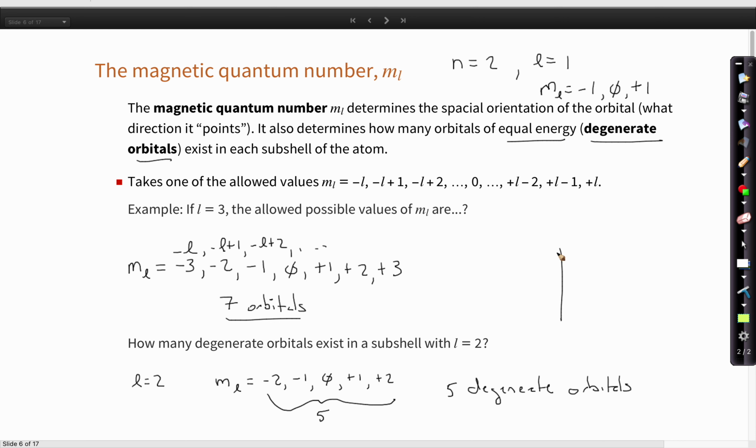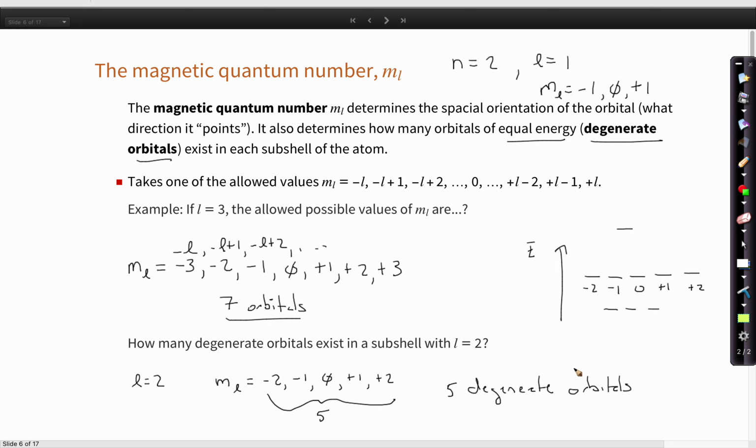So if we draw a diagram where we're looking at energy on the y-axis, we would put all of these orbitals on the same energy level. We typically draw orbitals as just dashes. So all of these would have the same energy. We could call this one -2, this one -1, this one 0, this one +1, and this one +2. And those would be degenerate orbitals. And other subshells would have different energies.